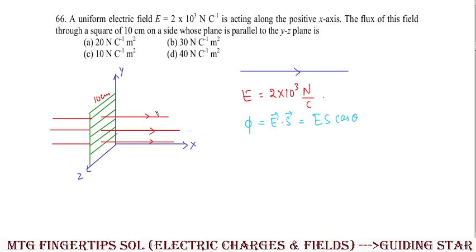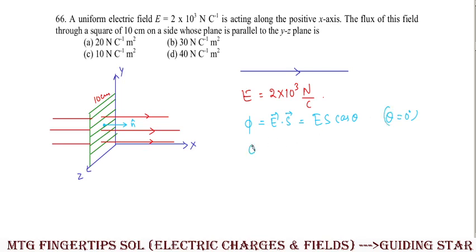So what is the angle between the electric field and the normal to the given area? What is the direction of the normal? The normal to the given area will be perpendicular to the given surface, and that normal will be along the direction of the field. Clear? So theta is coming out to be 0 degree.